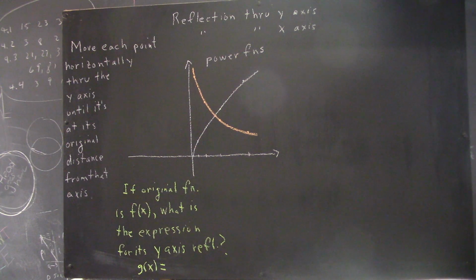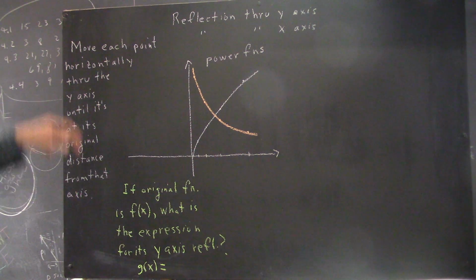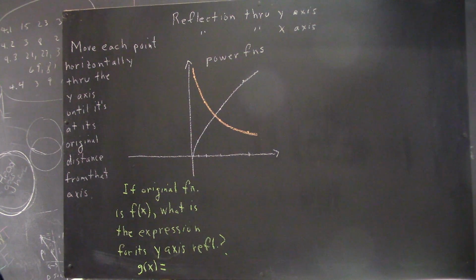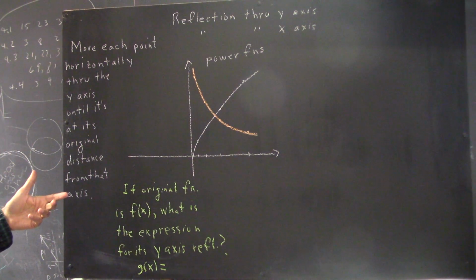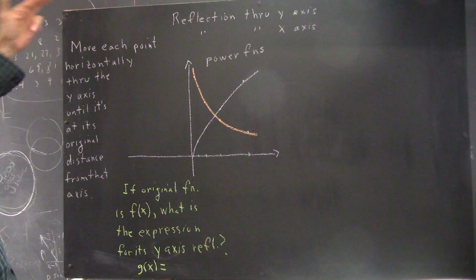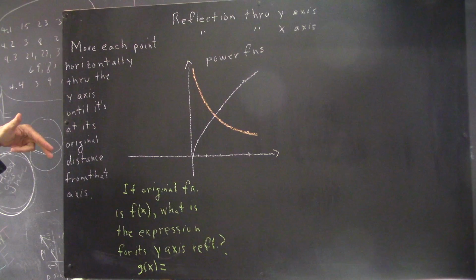So what we do, and this is kind of a cumbersome set of words here, but it gets the picture of what we're doing. We can give a more mathematical statement of the criterion for reflection through the y-axis.